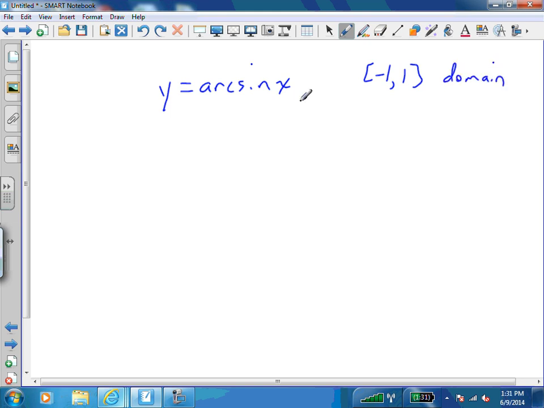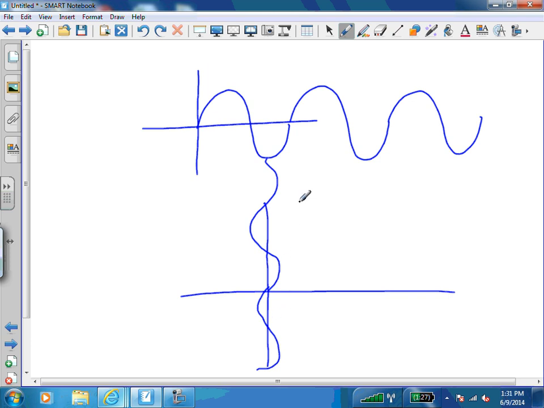Our output is the angle. So the way we restrict this to being a function is we say we're not going to let our range go from positive infinity to negative infinity, even though that sine wave would go on up the y-axis and down it.